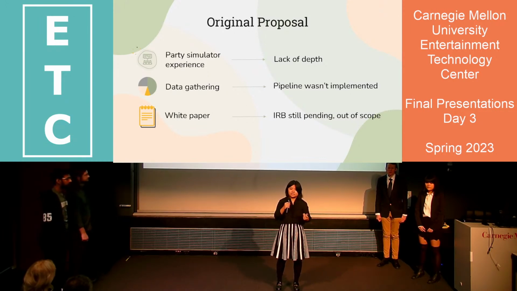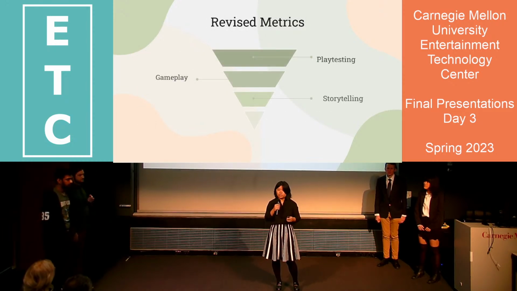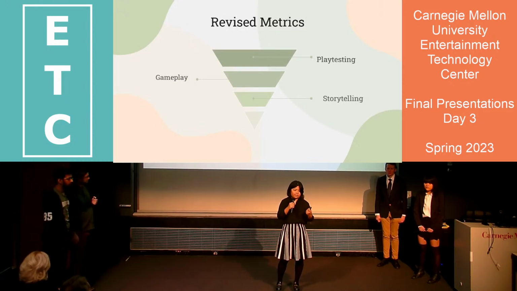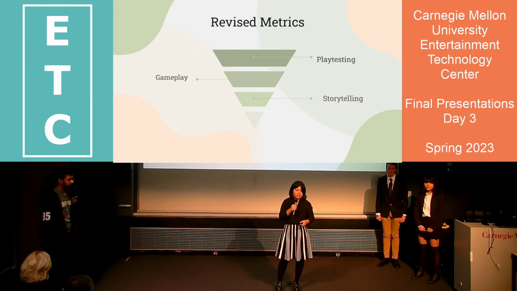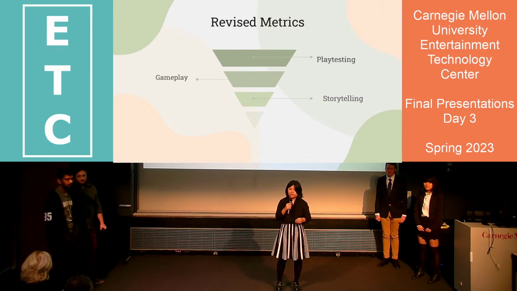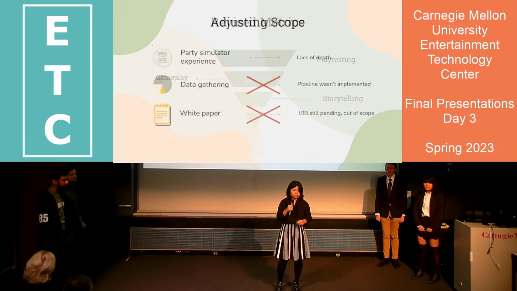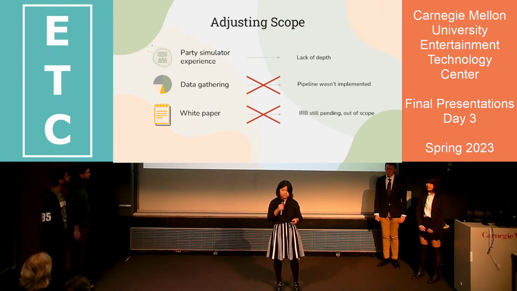So we thought, oh, this is really out of scope. So the team came together and talked about what we really care about in this project. Turns out it's the experience itself. We really want to playtest a lot, we want to have interesting gameplay, and we want to have compelling storytelling. So we decided to scale down and really just focus on the experience.